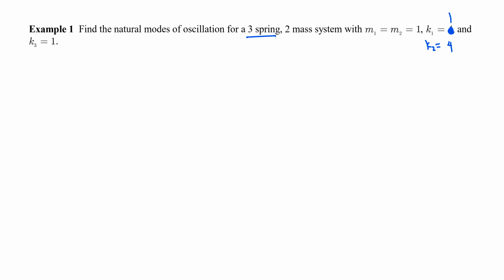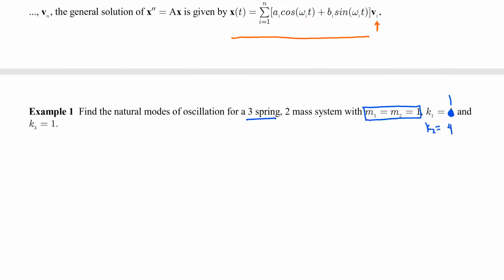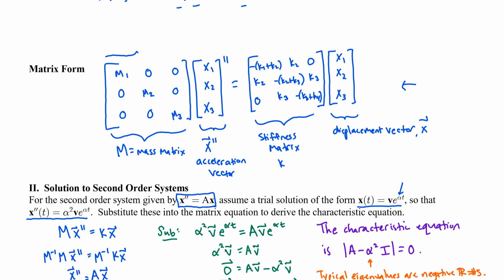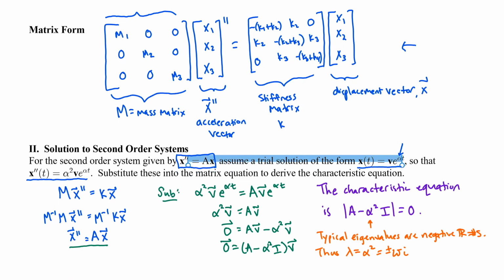Now, notice this situation right here. Our masses are both 1. We're only going to consider this option because remember up here, when we set up our mass matrix, in order to solve the system, we were required to find the inverse of that mass matrix. If we have 1s along the diagonal for our mass matrix, then M inverse is an identity matrix.